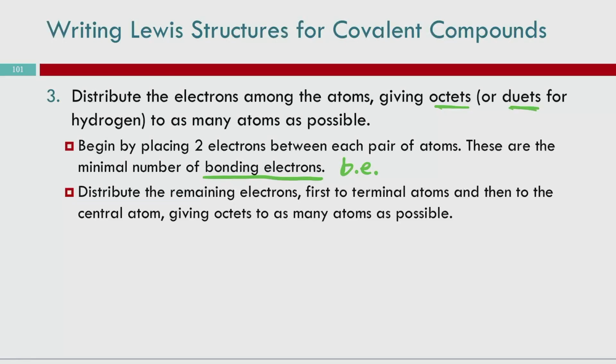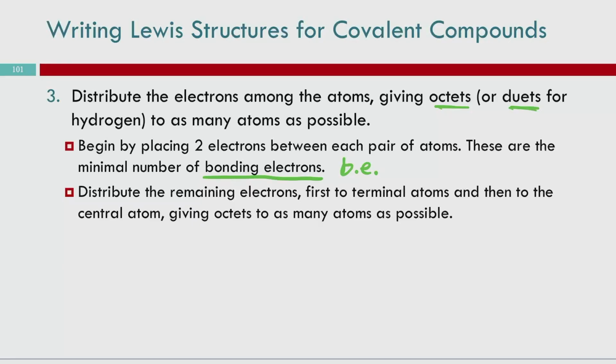So we need to have at least one bond between every pair of atoms. So all of our hydrogens are going to have one bond, otherwise they wouldn't be connected. And all of the other things, like if we've got carbon and oxygen, those would get one bond between them. And that's our minimum number of bonding electrons, which I represent as BE. That's how you'll see it on the worksheet that we're working on tomorrow.